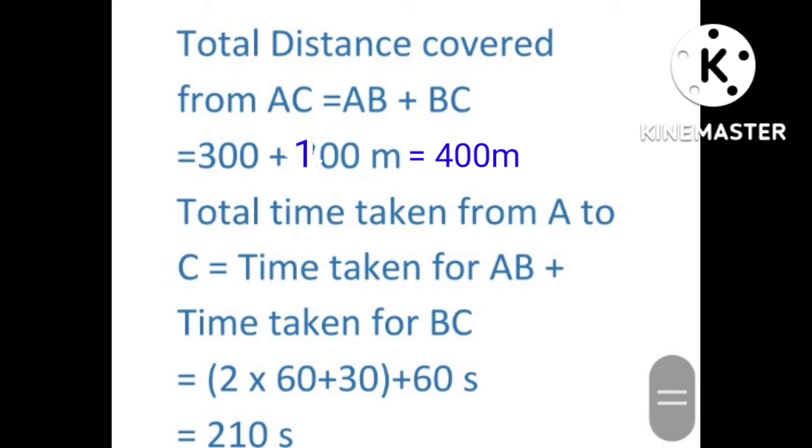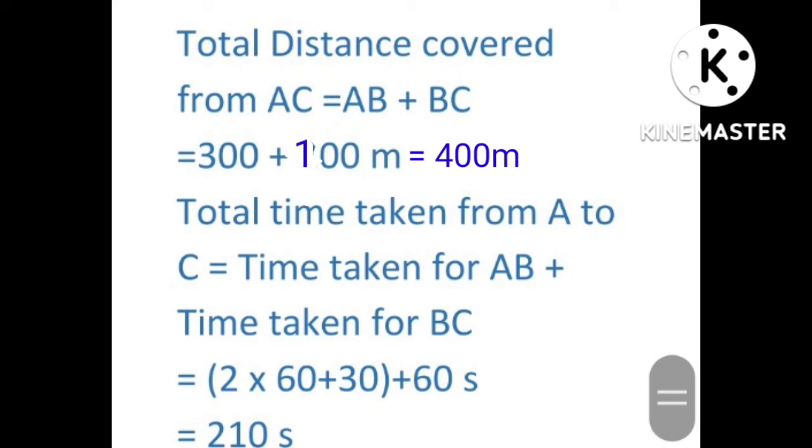Okay, for calculating average speed we have to find the total distance divided by total time taken. Here Joseph travels from A to B, then he is traveling from B to C. Okay, so from A to B he travels 300 meters and from B to C travels 100 meters. So what will be the total distance traveled?